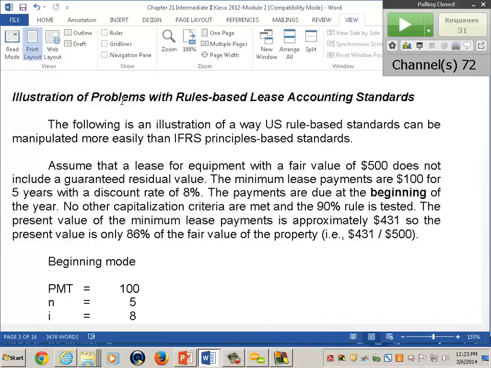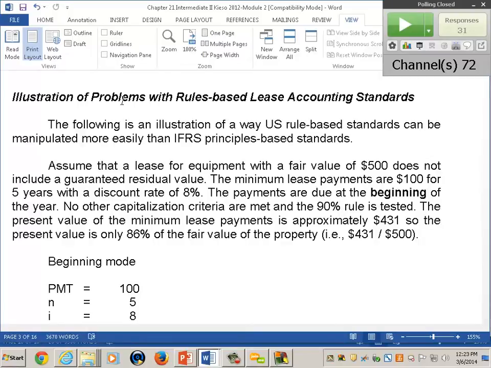So what we do is we take the present value of the minimum lease payments, and unless I tell you otherwise, there's no executory cost. The payments, as you know, are up front at the beginning of the period. There is no residual value, and that would be the future value here. For 5 years, this of course is your payment.